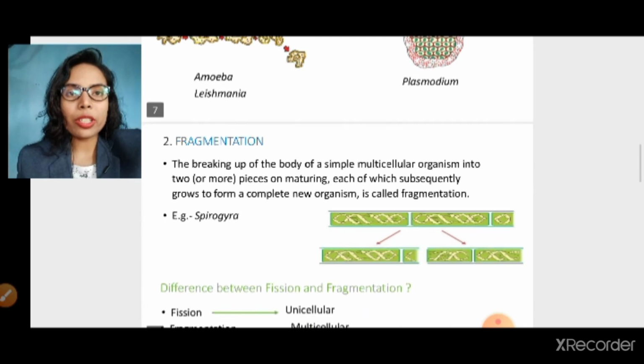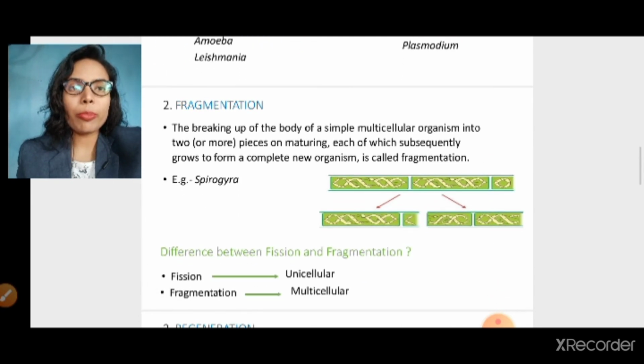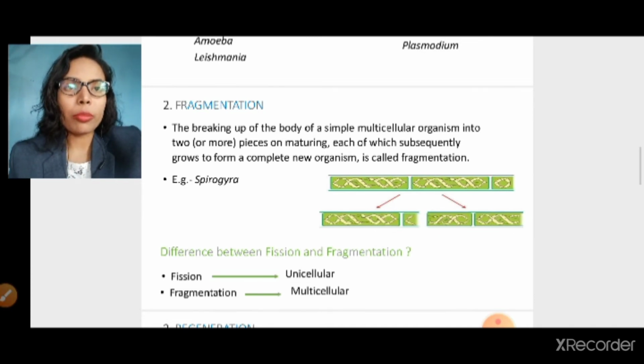Second is fragmentation, the breaking up of the body of a simple multicellular organism into two or more pieces on maturing, each of which subsequently grows to form a complete new organism. An example is Spirogyra. The next question that arises in our mind is, what are the differences between fission and fragmentation?